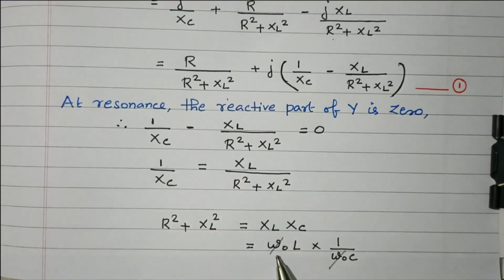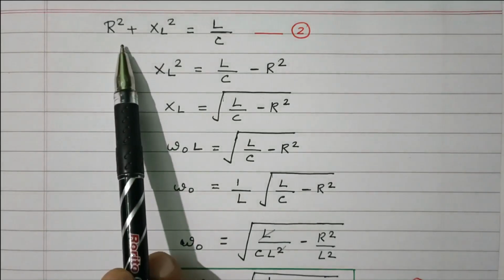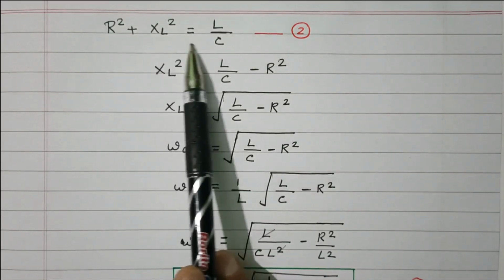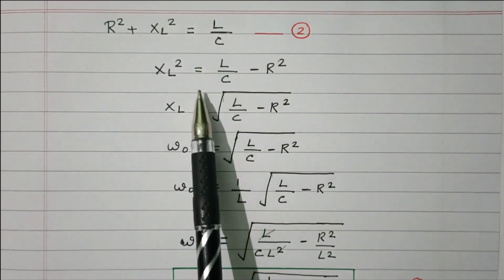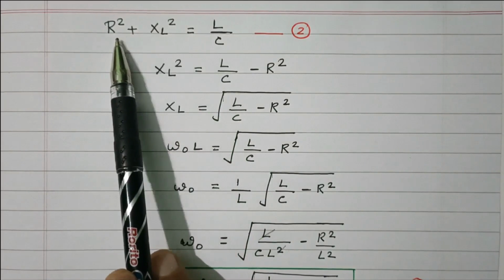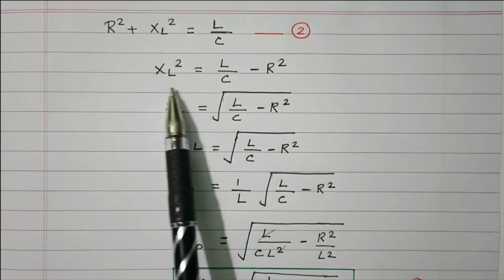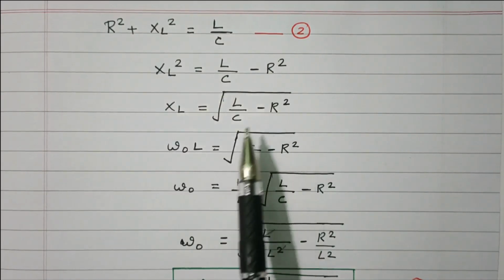We know that XL is omega naught into L. XC is 1 divided by omega naught C. This omega naught gets cancelled. So it becomes L by C. Now we'll go for the further simplification. So R square plus XL square equals L by C. Now bring this term R square to that side, so that XL square equals L by C minus R square.